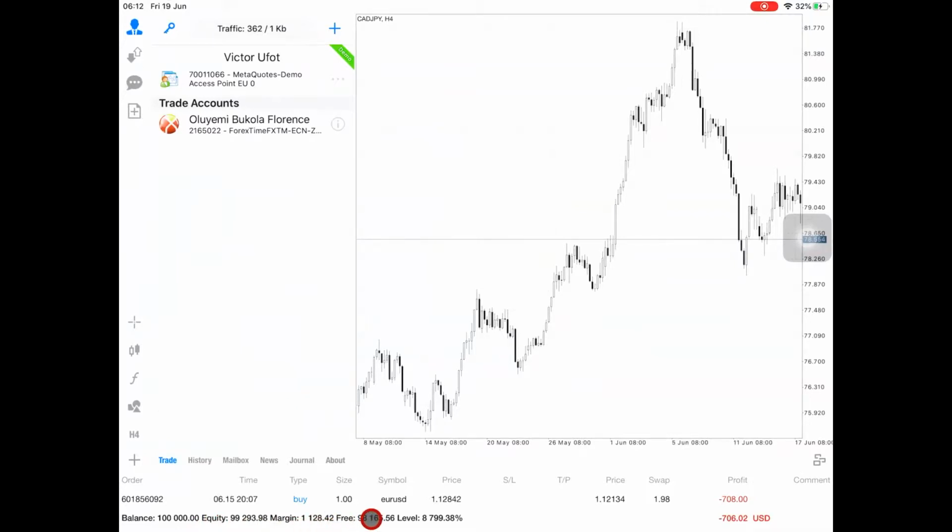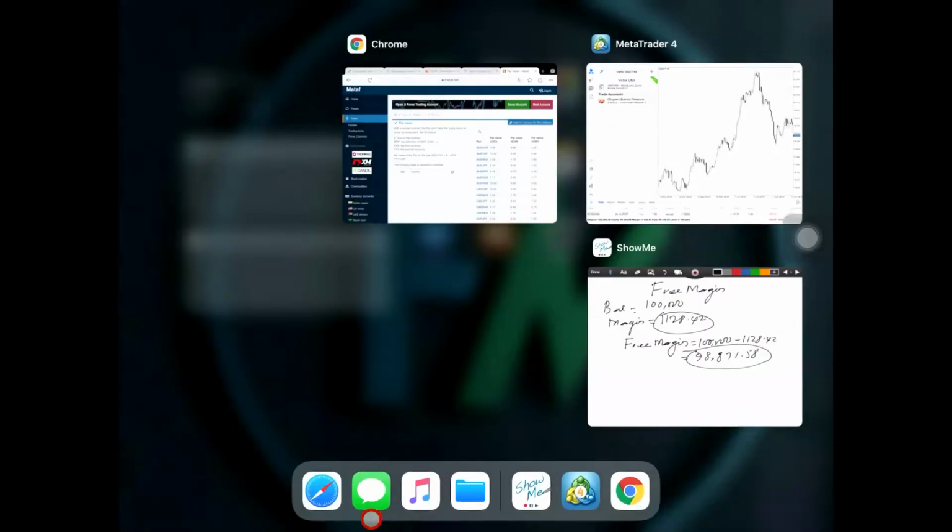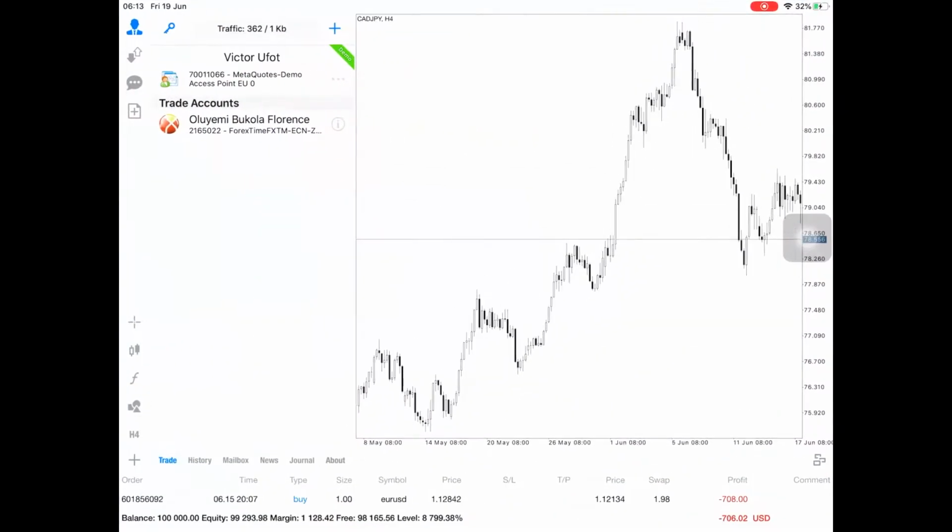Now why is this important? Why is the whole concept of leverage and margin and all of that important? It's because sometimes most beginners buy so much currency that they make their free margin almost go to zero.